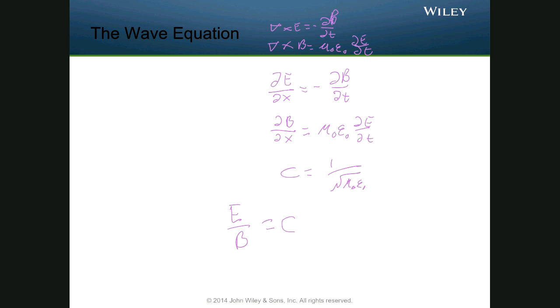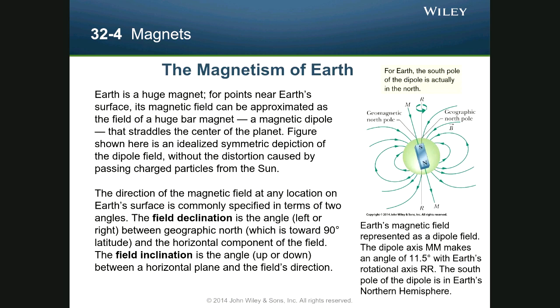This doesn't have a lot of context yet, but from the differential form we can get these kinds of equations pretty easily, and we're going to make heavy use of this fact in the next chapter. But let's end the night talking about magnets, going over permanent magnets and magnetism in nature beyond electromagnets.